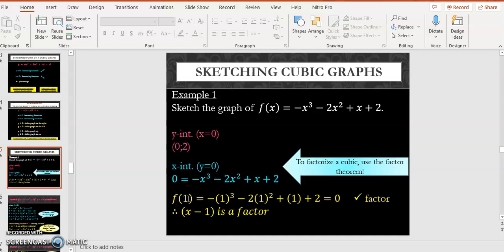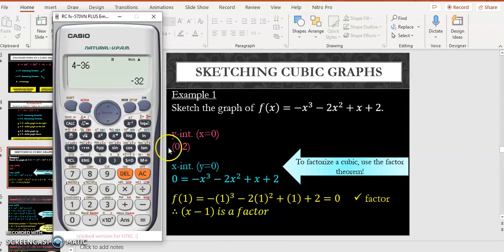I'm going to show you a trick. The trick is, if you add the coefficients of all these variables and you get 0, it means 1 is a solution. Alright, it means x minus 1 is a factor. So like here, without even substituting 1 into it, the trick is to add the coefficients.